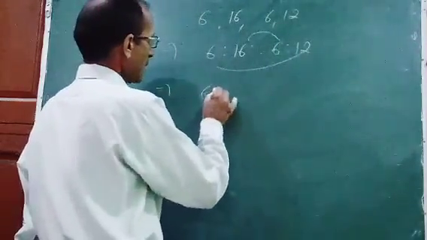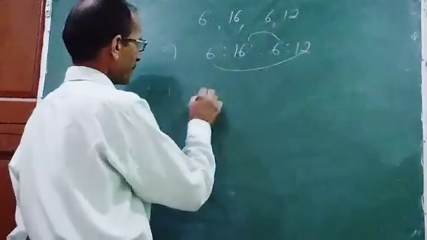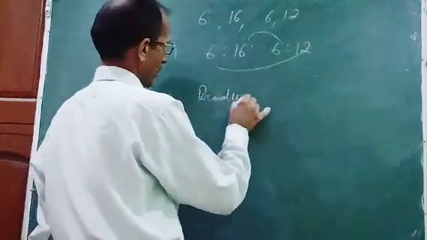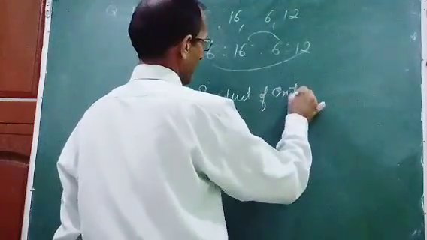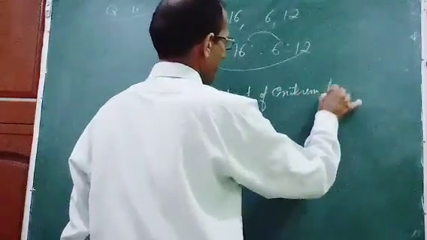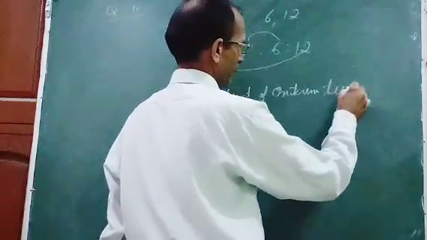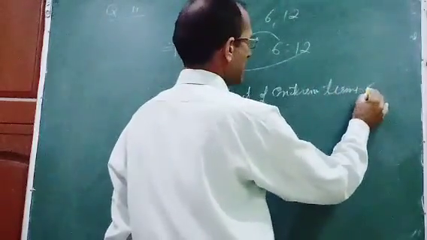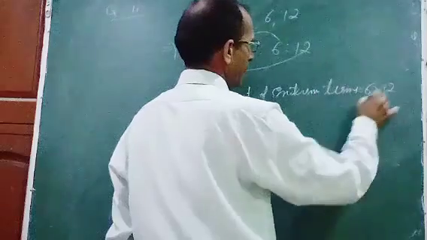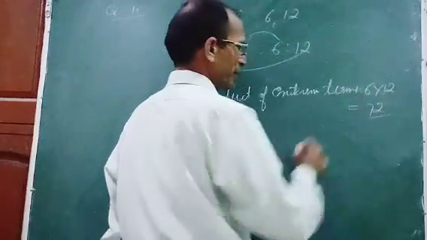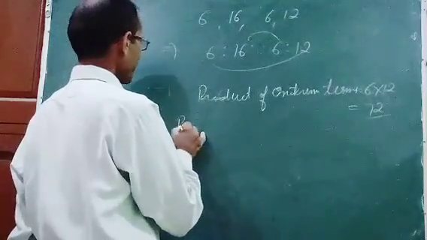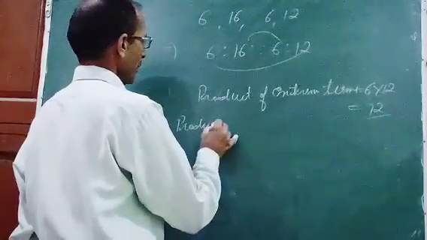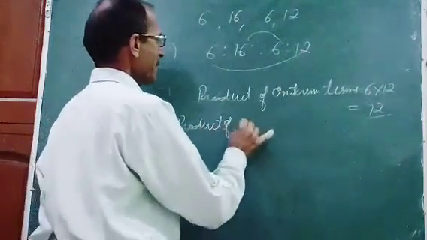Product of extreme terms. Extreme terms are 6 and 12. Their product is 72. Now product of means terms.